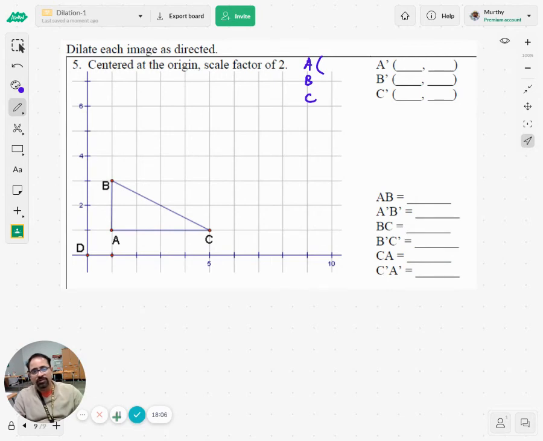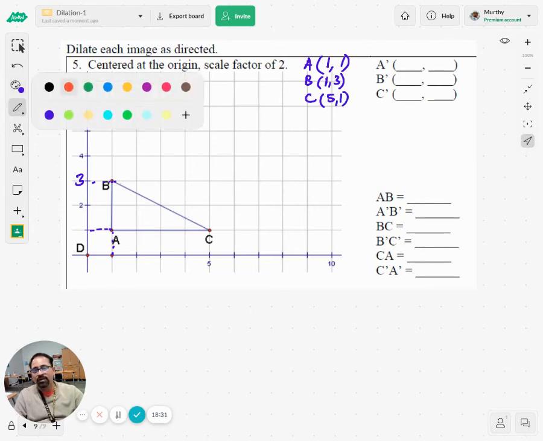So A value is 1, 1. You can see on this. B is 1, 3 and C is 5, 1. I see that here the scale factor is 2.